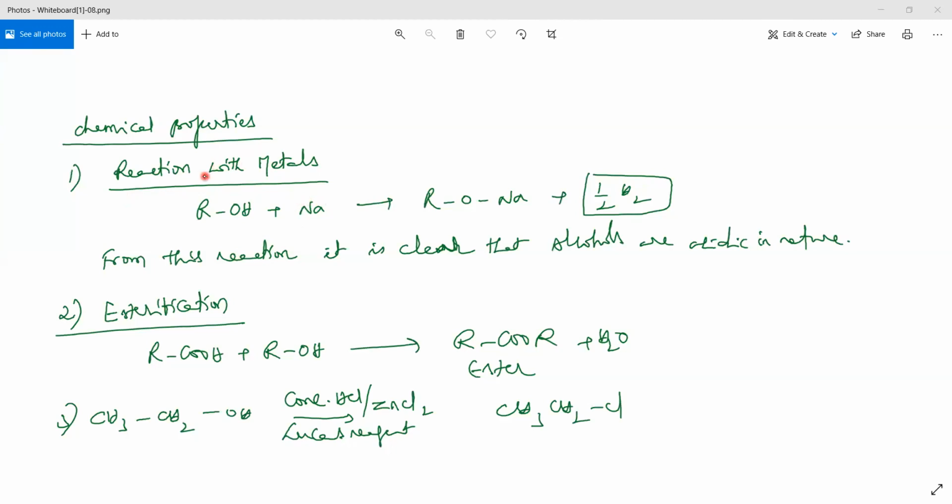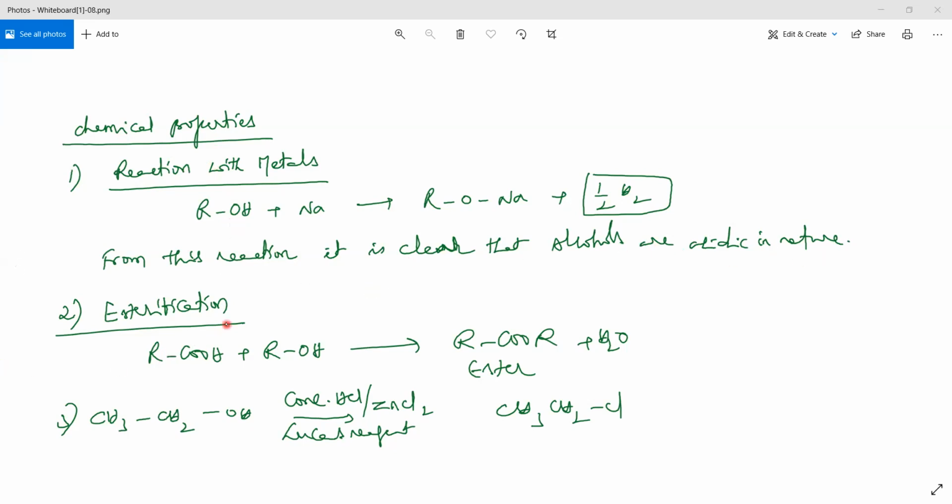Liberation of hydrogen gas. Liberation of hydrogen gas indicates the acidic nature of alcohol. So this reaction is an evidence for the acidic nature of alcohols.